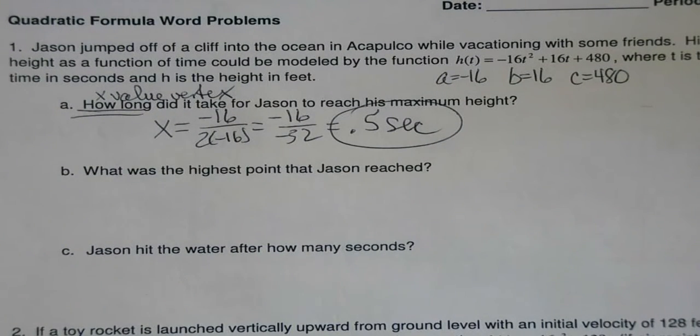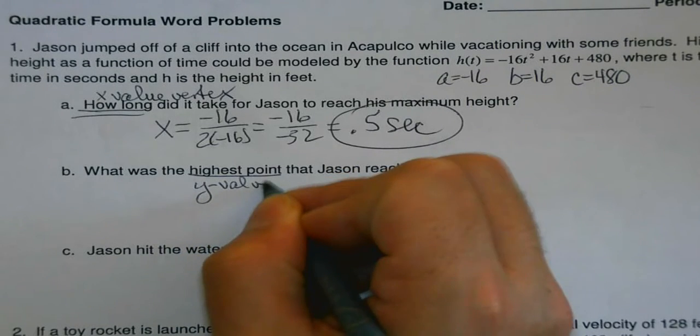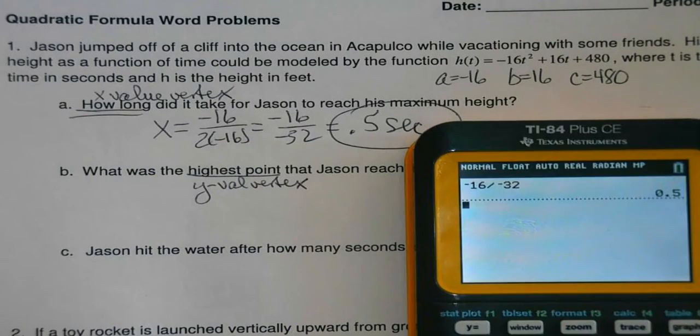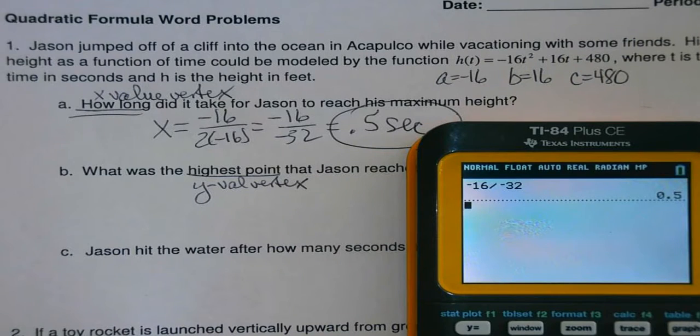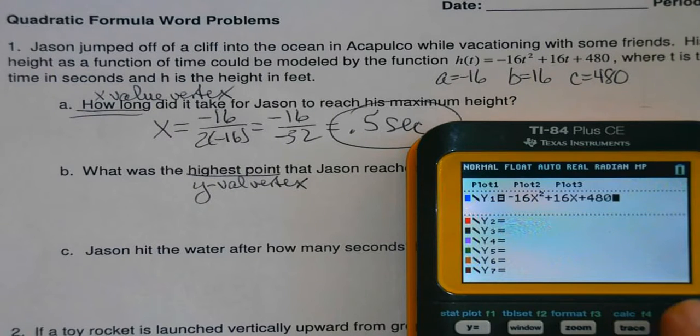Okay, what was the highest point that he reached? Y value of my vertex. So now I have some choices. Fastest way, probably, if I have a calculator available, would be to type this in, and then look at the chart, those whole numbers.